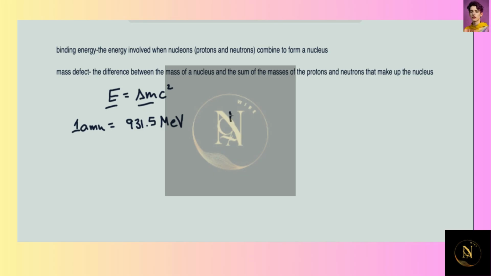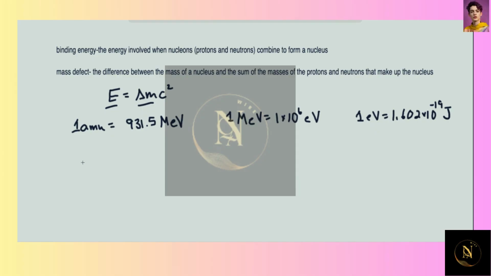And a mega electron volt is equal to 1,000,000, or 1 times 10 to the 6 electron volts. And we can relate electron volts to joules. 1 electron volt is 1.602 times 10 to the minus 19 joules. So if we can find the mass defect, we can calculate the binding energy.